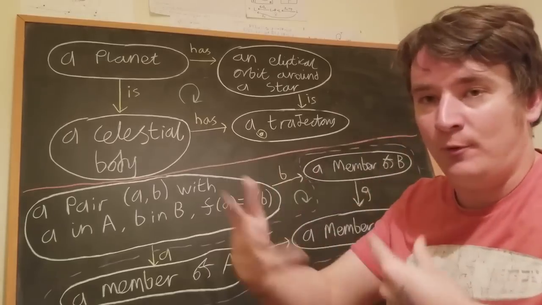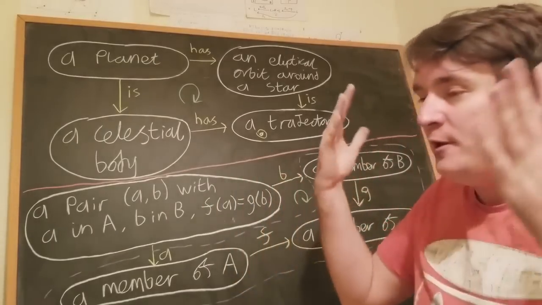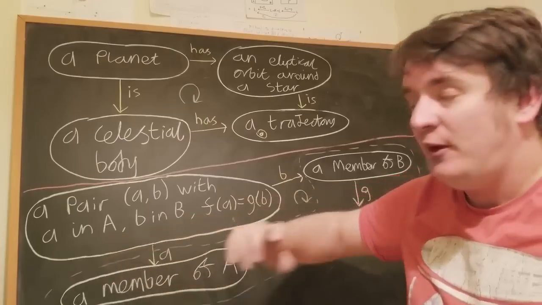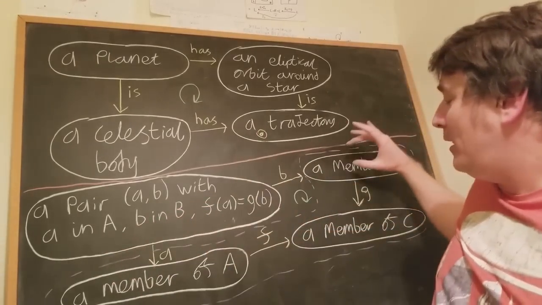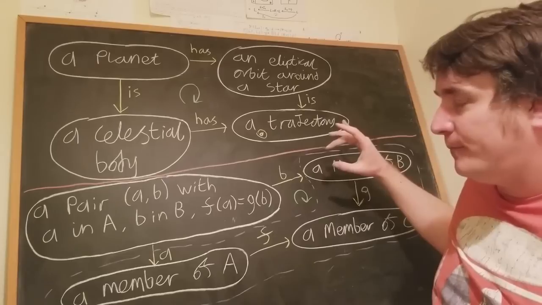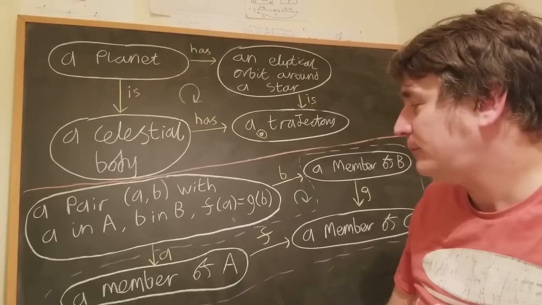This is an enormously powerful idea because it allows us to form a new set made by combining elements of this set and elements of this set in such a way that they have common features.